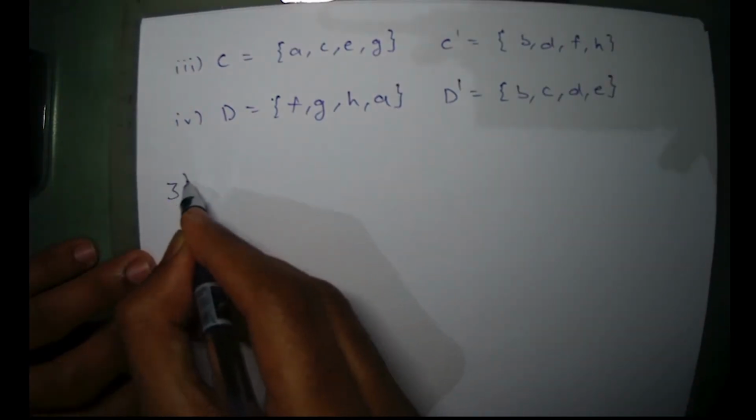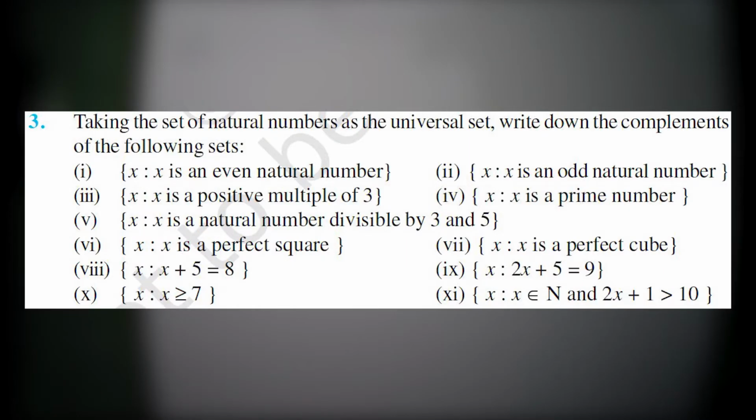Coming to the third question, taking the set of all natural numbers as the universal set. So universal set is the set of all natural numbers. Write down the complement of the following sets. So we have 11 sets here which we need to find the complement of. So first we have set X, where X is an even natural number.